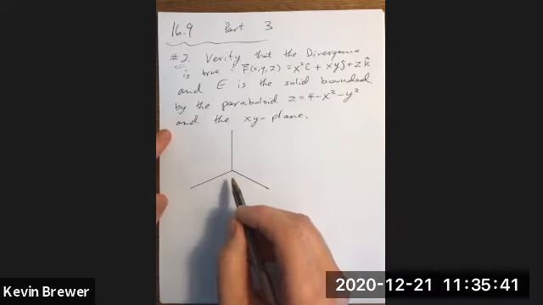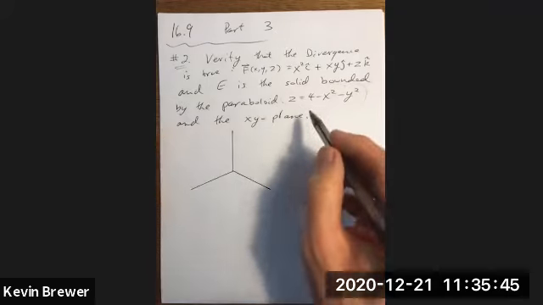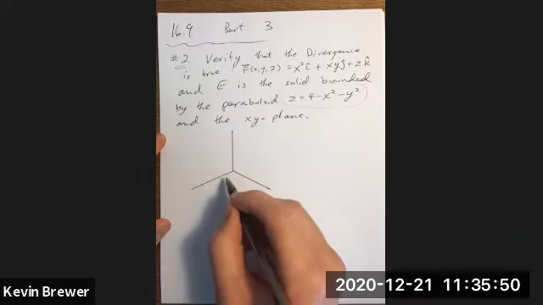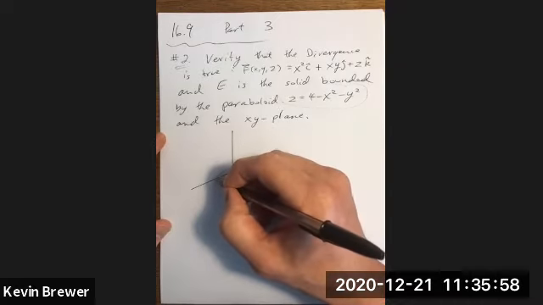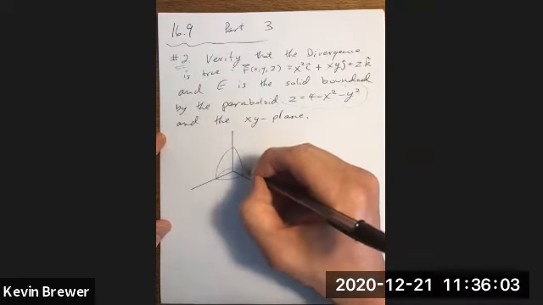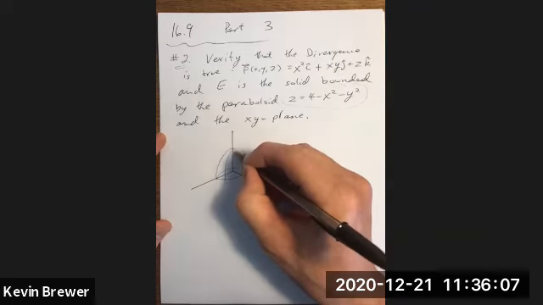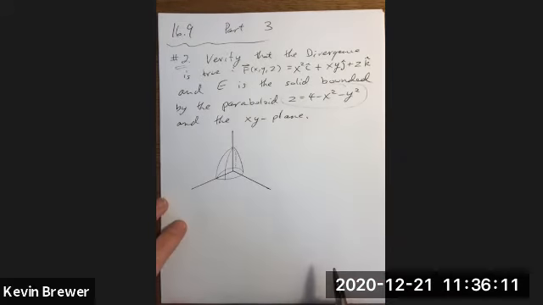Okay, so the paraboloid is opening downwards, and it's pretty bad, like so, roughly.